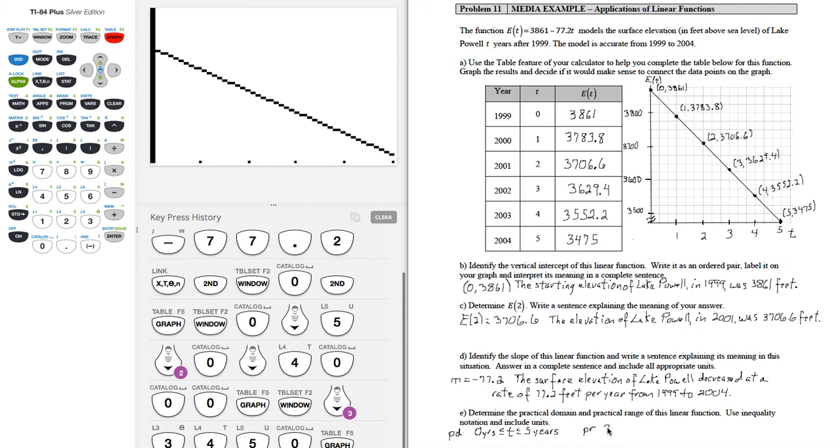So our practical range then goes from 3,475 feet, and the variable is E. We can write the whole function notation, E(t). And the top value for the range is 3,861 feet. So just be sure that you write your values in the correct order using the inequality notation.